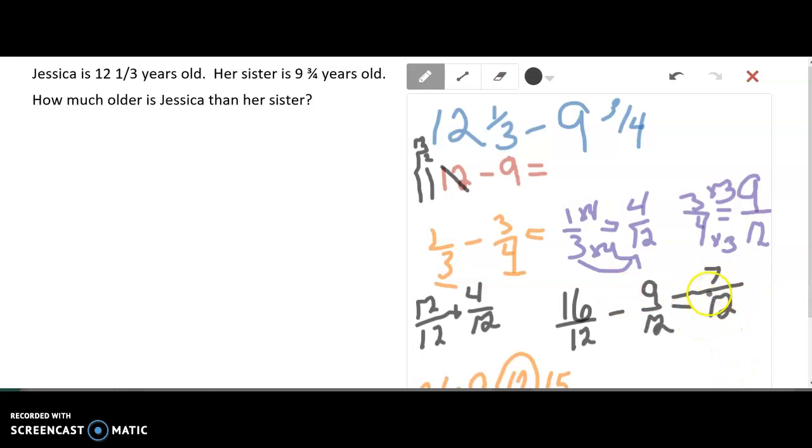I'm going to keep that fraction, but I'm going to go back up here and subtract my whole numbers. 11 take away 9 gives me 2, and my fraction part is 7 over 12. So I could say that Jessica is 2 7/12 years older than her sister.